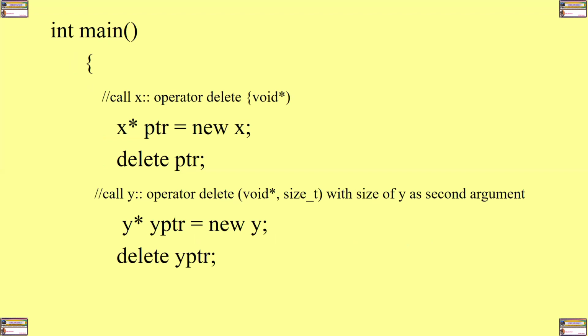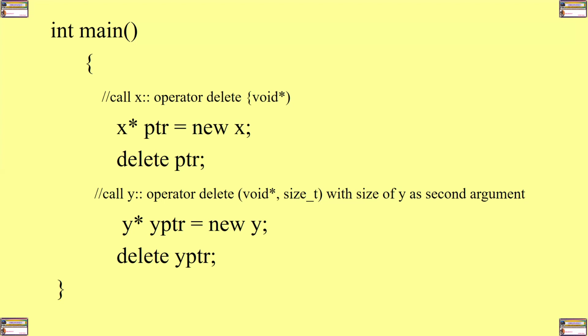So once this function is executed, the free store or the object that we are calling pointer to class Y, that is the object for class Y by the name Y pointer, will be erased. And that will be the end of the program.